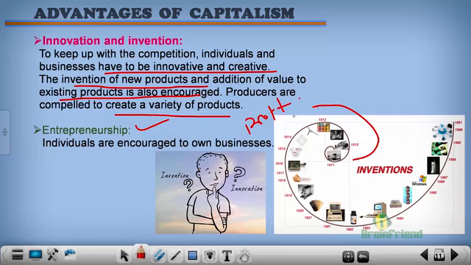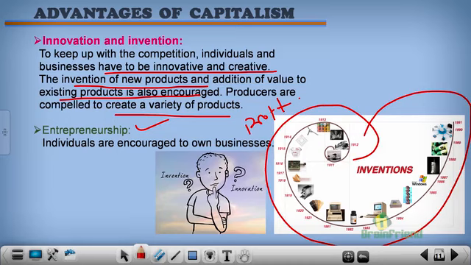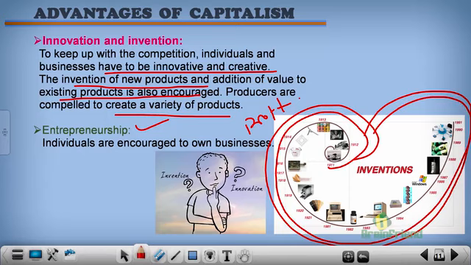We can see a whole lot of invention that has been carried out. It just shows you how people have moved from a particular period to some other time, but they didn't remain the same. As a result of wanting to be in the market and not out of the market, people keep inventing, innovating, and keep moving on with the trend of time.